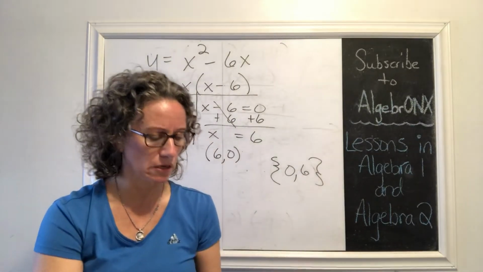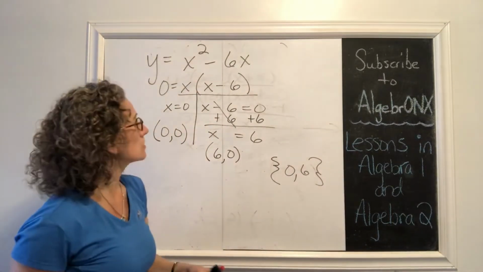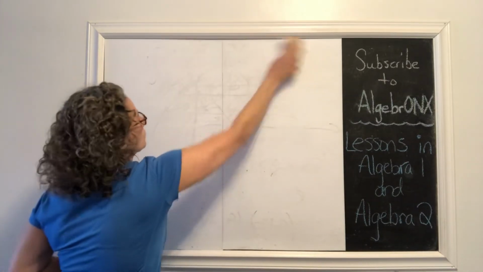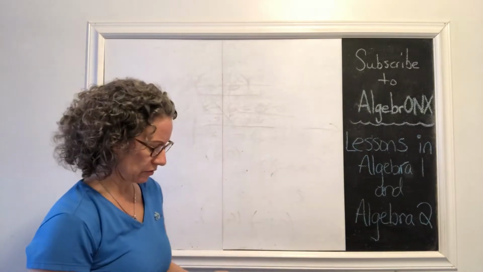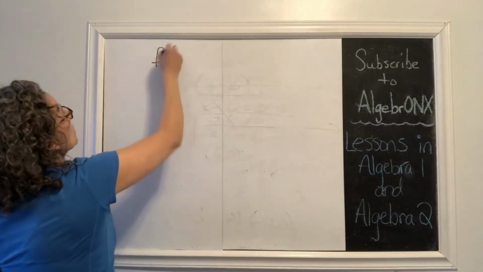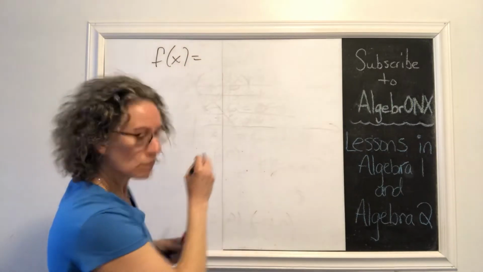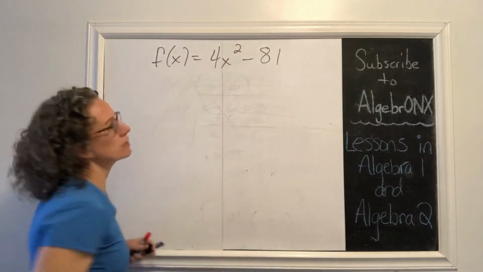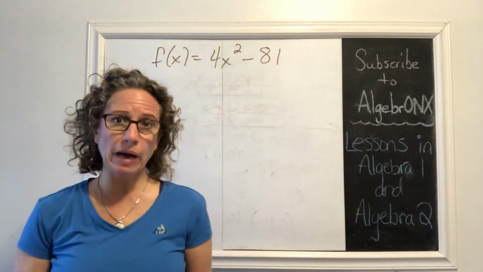I'm not going to make it too easy and give you the factors, but you have to be able to factor. Okay, so let's see. This next one is going to be f of x equals 4x squared minus 81. Okay, what type of factoring is this now? There's a binomial.